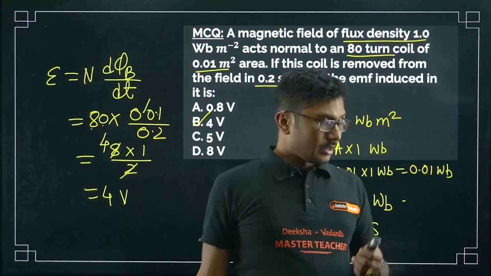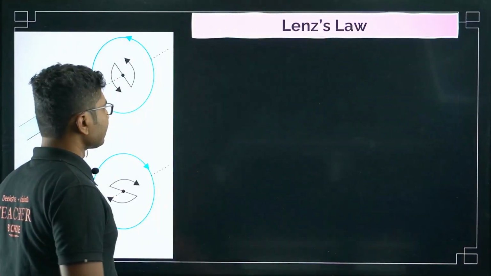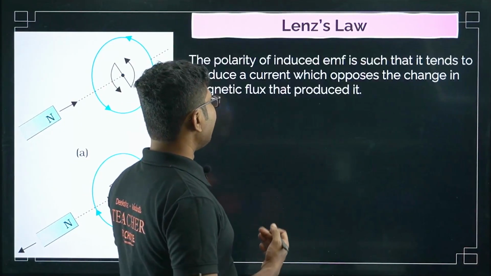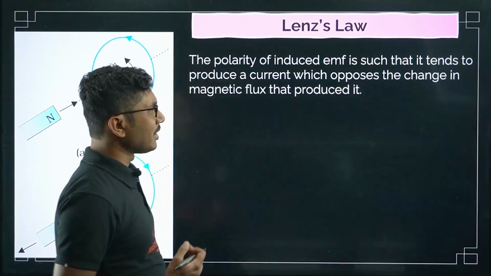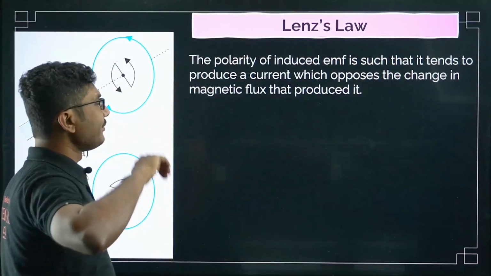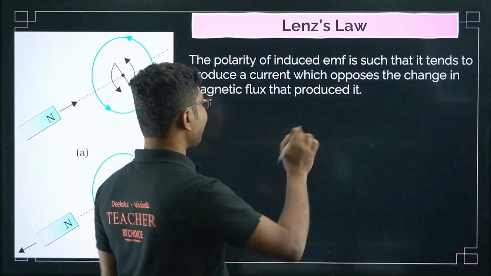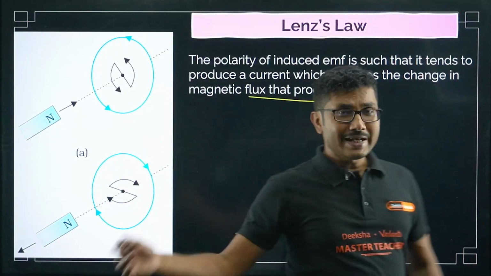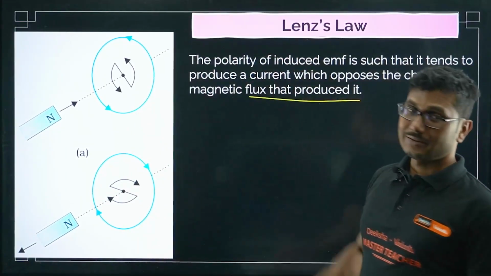Okay, next let's see Lenz's law. Lenz's law: the polarity of induced EMF is such that it tends to produce a current which opposes the change in the magnetic flux that produces it. So the negative sign comes from this Lenz's law.